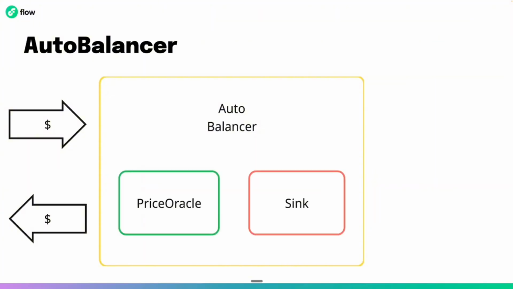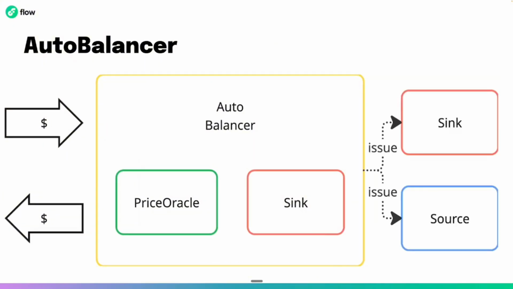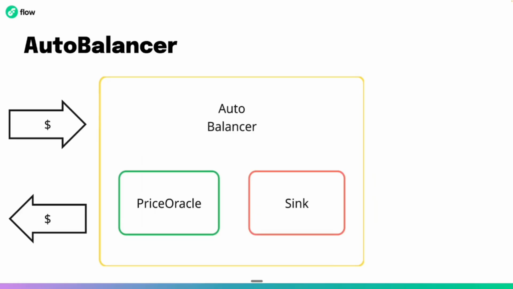Importantly, as the value of that token fluctuates over time, let's say Flow goes up, now that Flow that I deposited at $100 is worth $150. The AutoBalancer will try to maintain that $100 balance over time. As long as it's configured to do so, once you tell the AutoBalancer to rebalance, either through scheduled transactions or manually, it'll take that extra $50 and push it somewhere else.